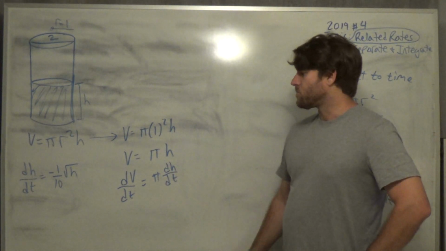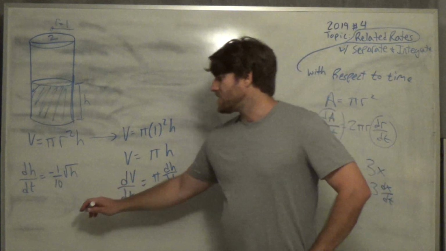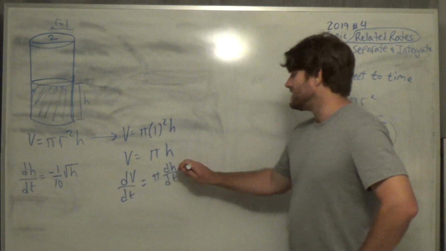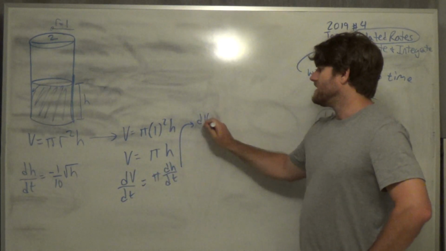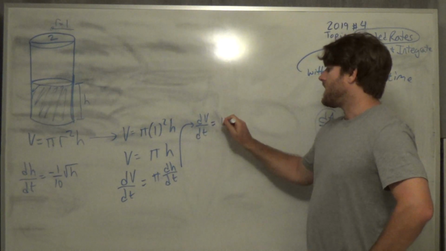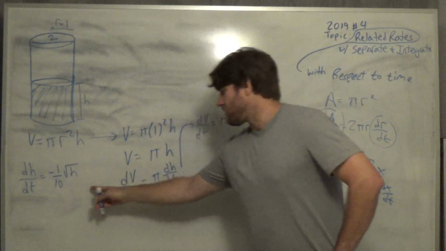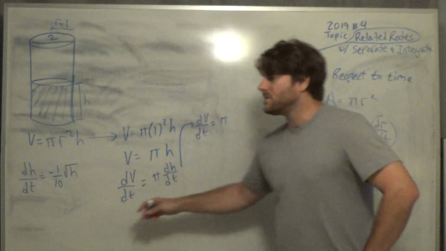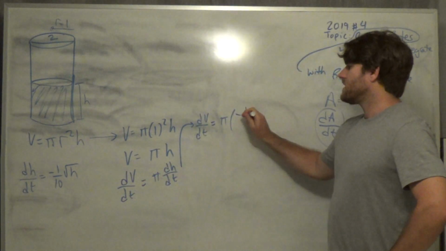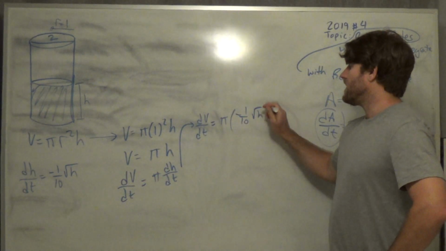Now, how are we going to finish the problem? Well, we can finish the problem because we know what dh dt is. So dV dt is pi dh dt. And now we replace dh dt with what they told me dh dt is, which is negative 1/10 square root of h.